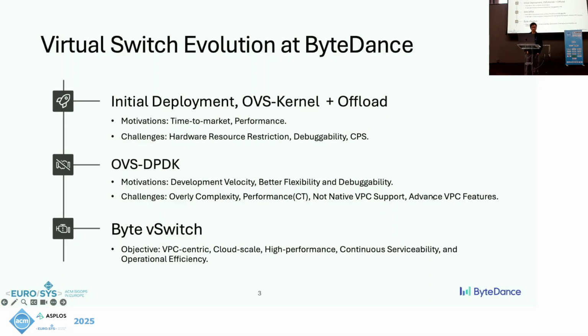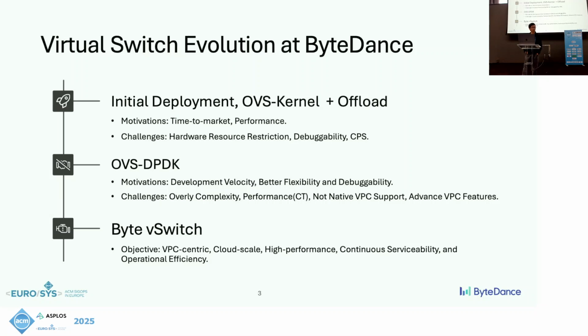Next we talk a little bit about the virtual switch evolution at ByteDance. Before we started our public cloud services, we had many years running our internal workload in our data center. We had tried many different options in the virtual switch area.